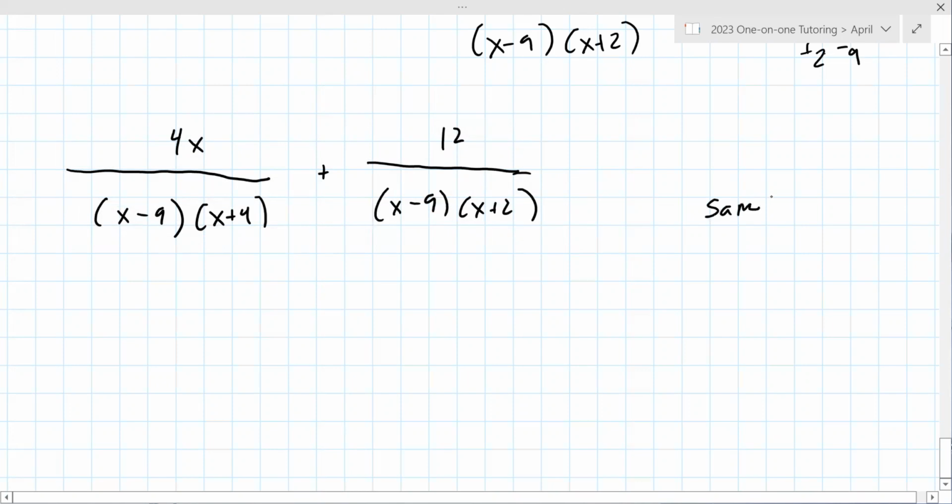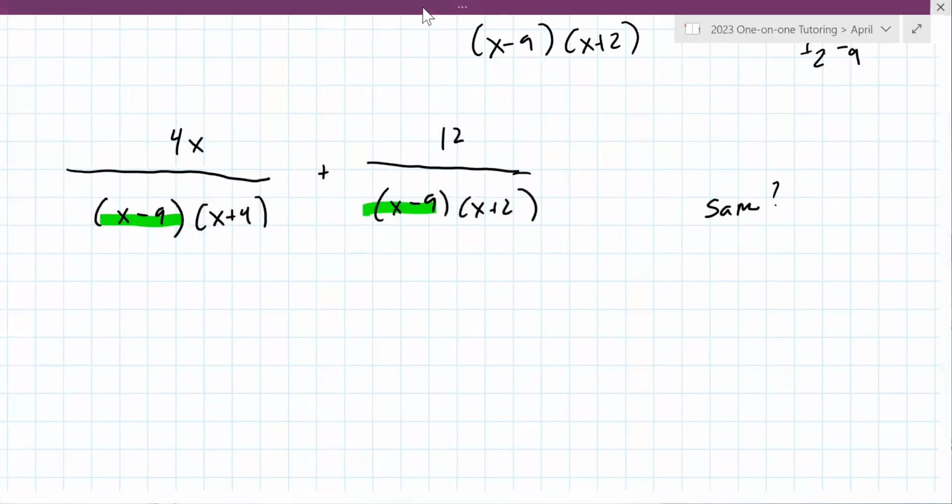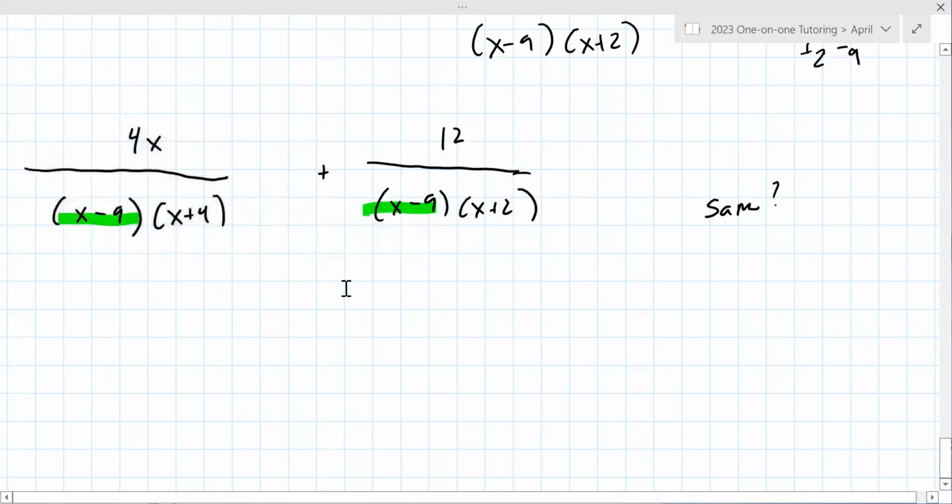I mean, there's x minus 9 again, which is the same, but x plus 4 and x plus 2 aren't. So it's just like the last problem where you decide, well, what's missing? What does one have that the other doesn't have? On the left here, what's missing? x plus 4 on the right one and x plus 2 on the left.